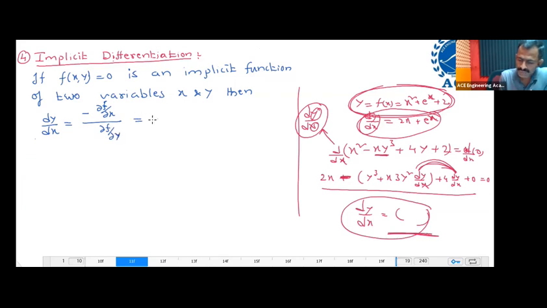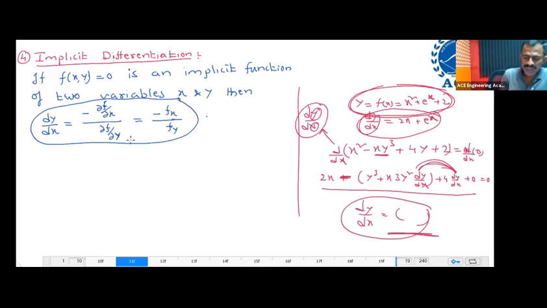Or in short form, minus f suffix x divided by f suffix y. That's it. This is a simple method. Using the first order partial derivatives, we can have the first order derivative for this implicit function only.